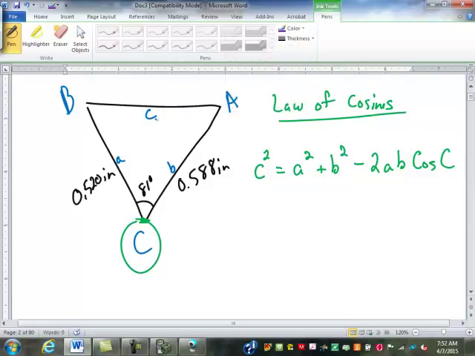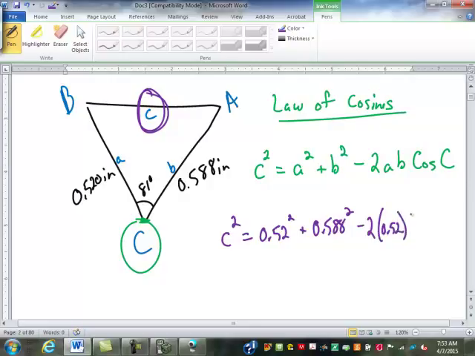So what I'm actually finding here is the length of that side, side C. C squared is going to equal A, which is 0.52, squared plus B, which is 0.588, squared minus 2 times 0.52 times 0.588 times the cosine of 81 degrees.